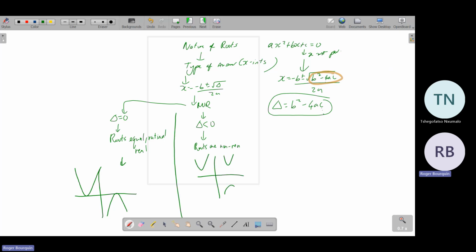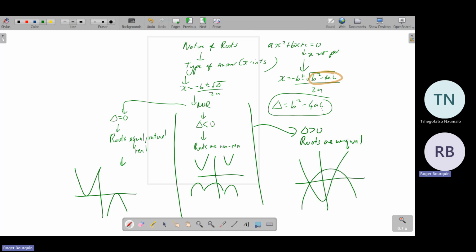So any of those parabolas would have delta less than 0, because there are no x-intercepts. If delta is bigger than 0, the roots are going to be unequal. In terms of graphs, that means there are just going to be 2 x-intercepts to every parabola, right? From graphs, unless I tell you to label those things, we can't say whether they're rational or irrational, right?